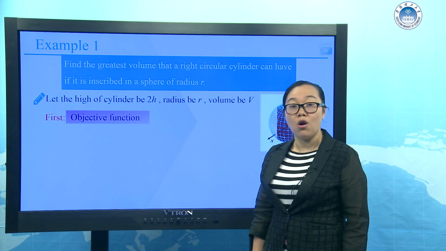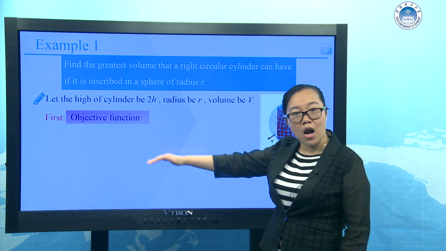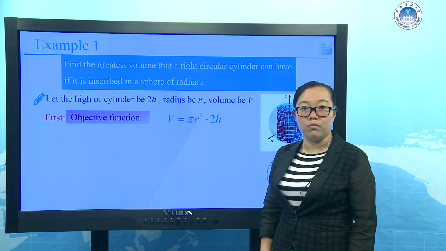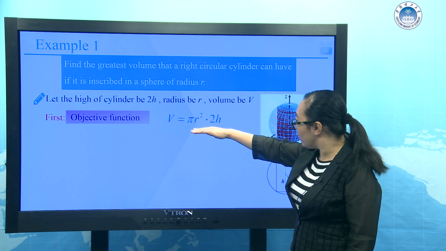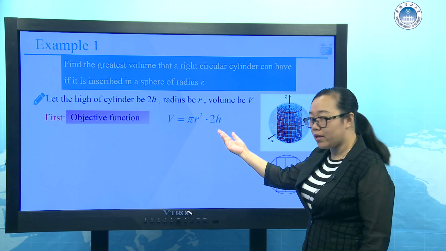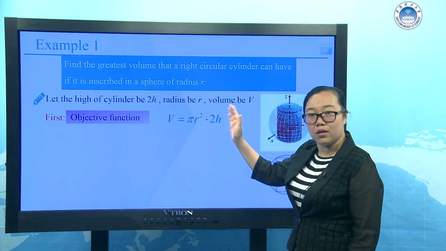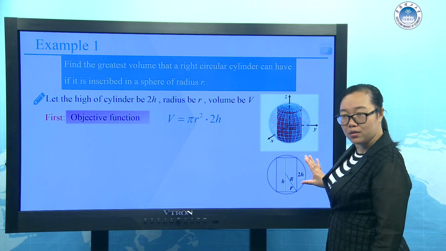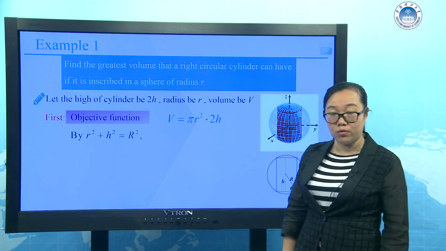So now look at our objective function. Our objective function means how to get the volume. So volume equals base area times height. Base area equals pi r squared, times, where is our height? Yes, 2h. So times 2h, it is our V. How to do?